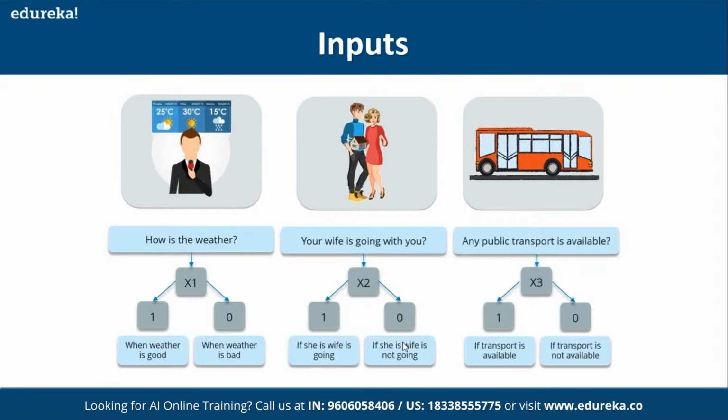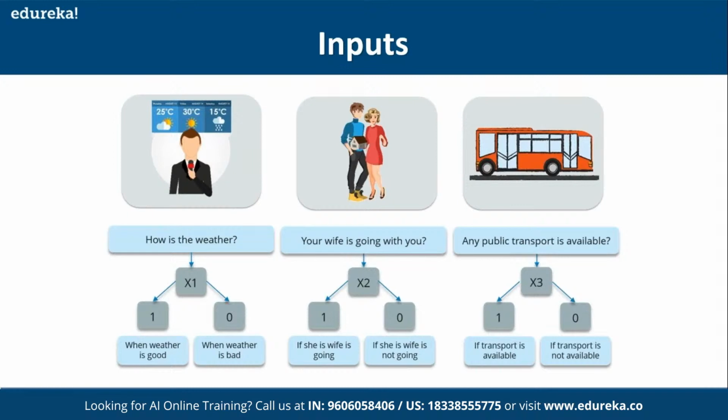If not accompanying, it's 0. If public transport is available, it is 1. If public transport is not available, it is 0. Which means you have 3 inputs, for every input you have 2 options, and for all the options you have a value assigned to it.